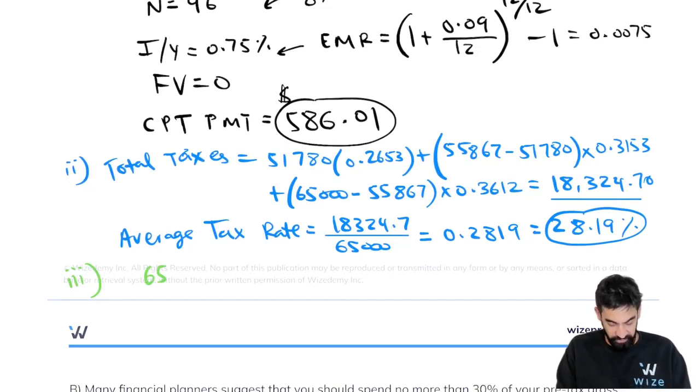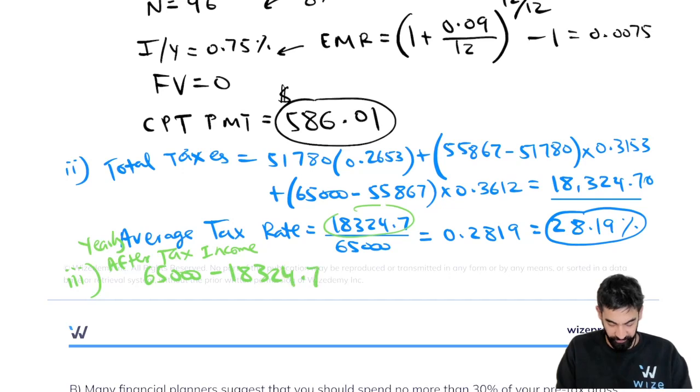So his after-tax income in a year: yearly after-tax income is 65,000 minus the amount he pays in taxes, which is 18,324.7.